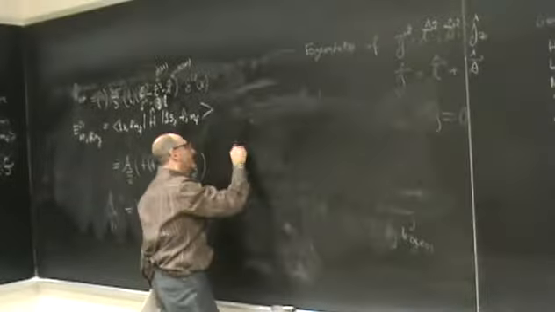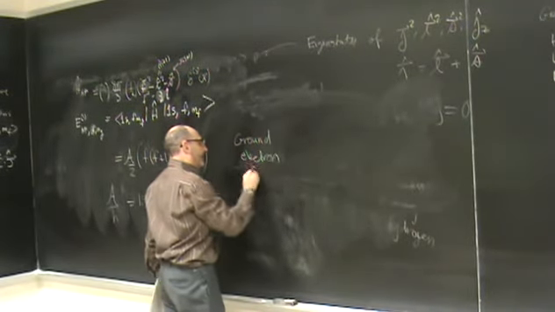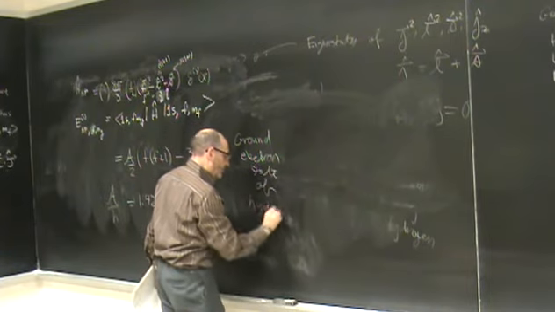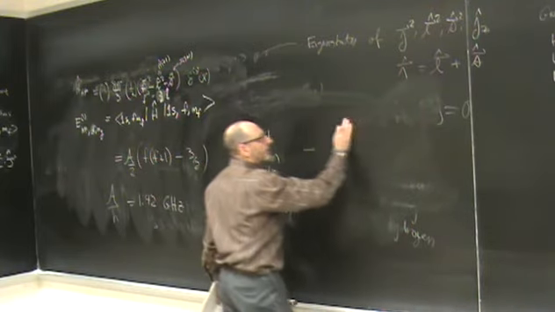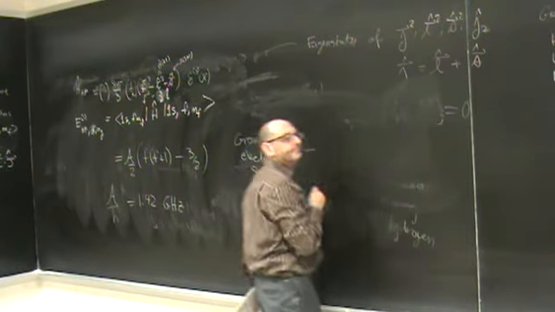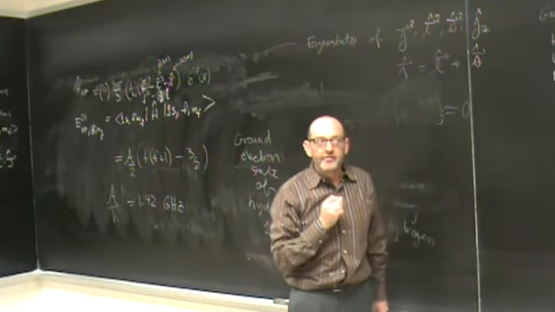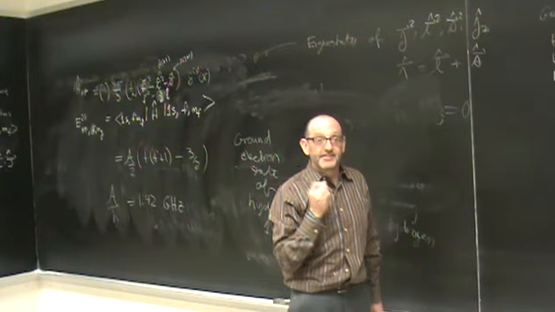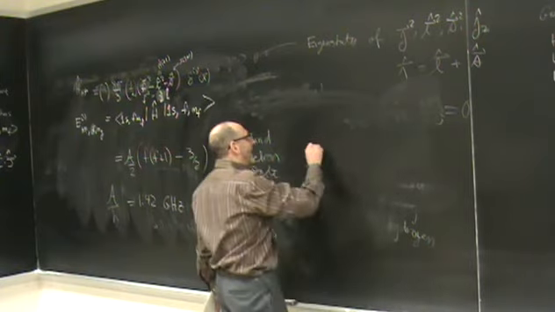So this is the ground electronic state of hydrogen, 1s. We have the F equals 1. What is the degeneracy of F equals 1? 2F plus 1, which is 3.